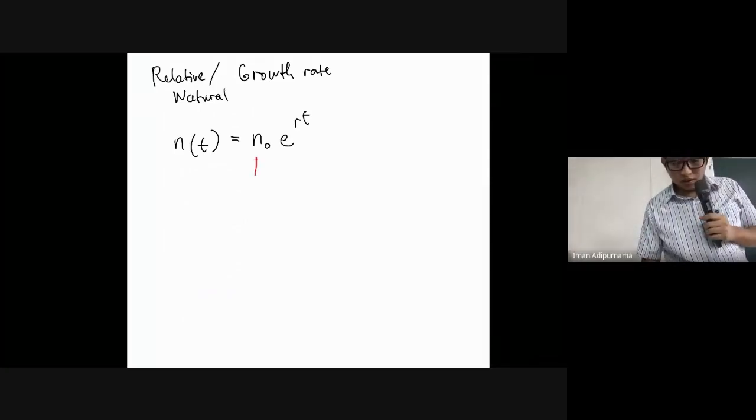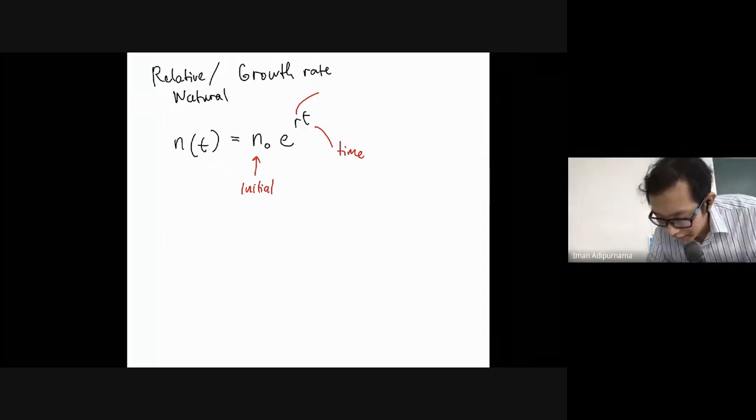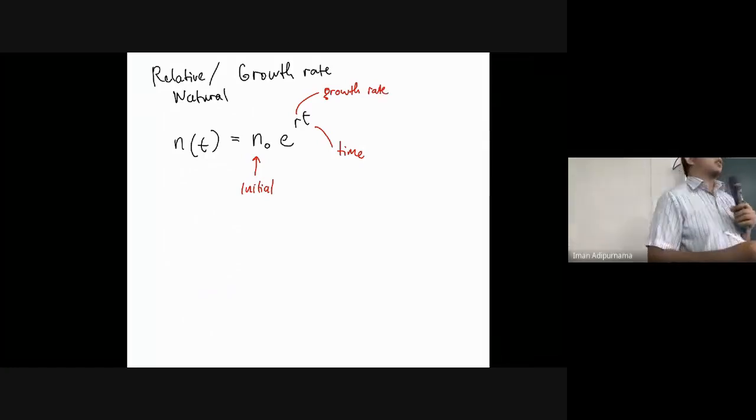So again, this is the initial. This is time. And whenever you see any constant besides the time, for example, in calculus, you may see k, right? So if you see this r here, this is actually growth rate. Okay? So the population will be based on that growth rate.